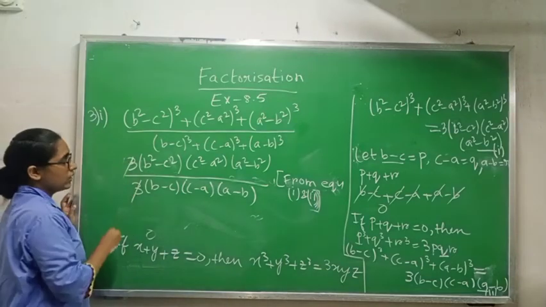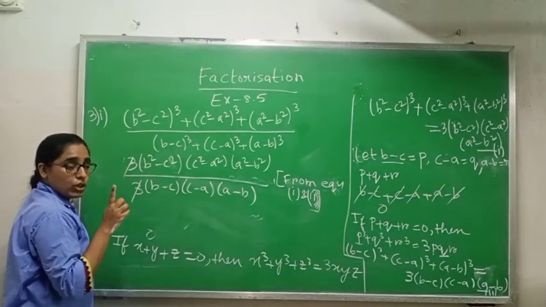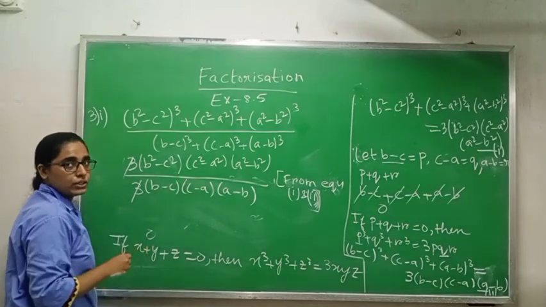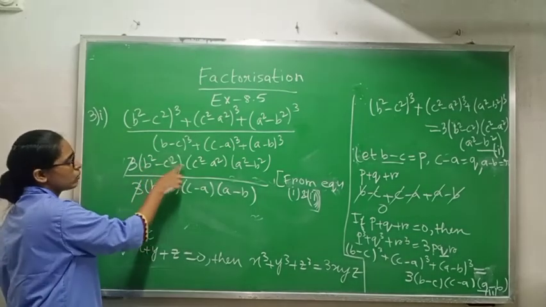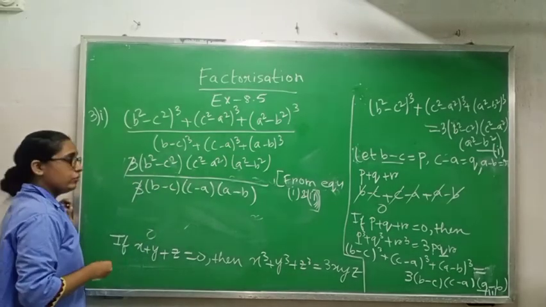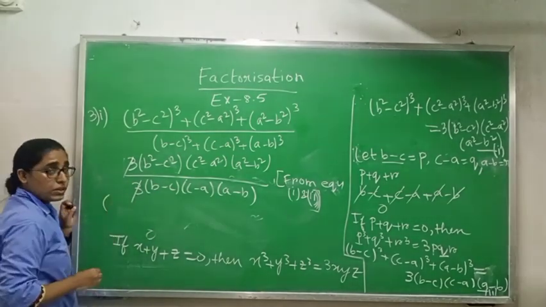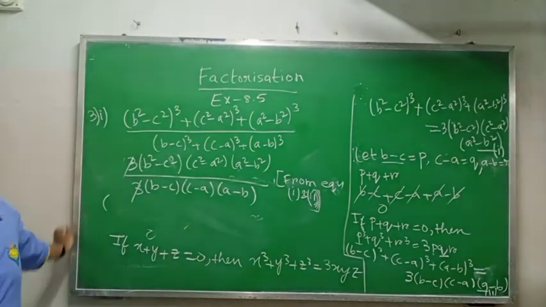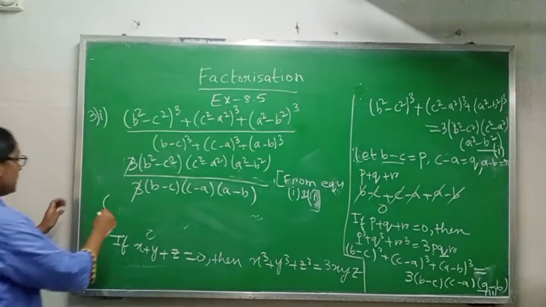Now 3 will cancel. The a² − b² formula we will use for the upper one. We can use it because we have a² − b² in each, with a minus sign in between. So we can use the formula a² − b² = (a + b)(a − b).